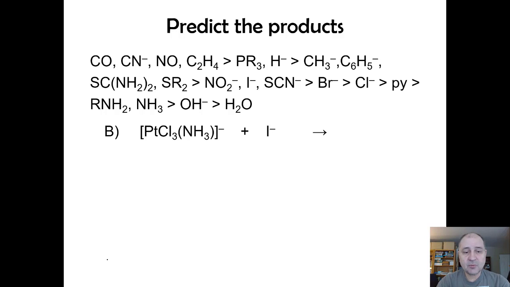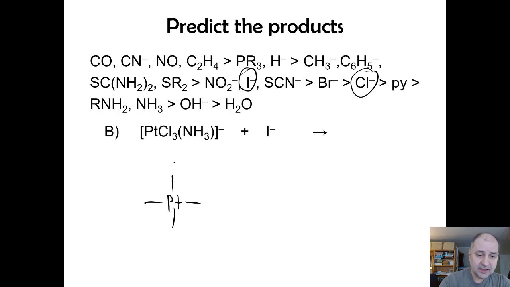So if we, instead of chloro, use iodide, we now have the iodide that is stronger than the chloro, and so it doesn't matter, as I said, and you're still going to end up with a complex that has the iodine trans to the chloro.